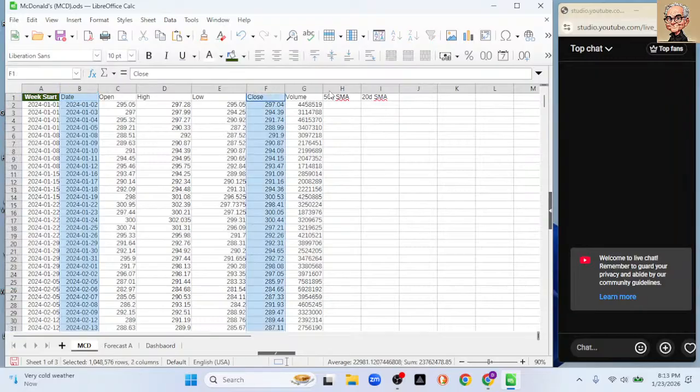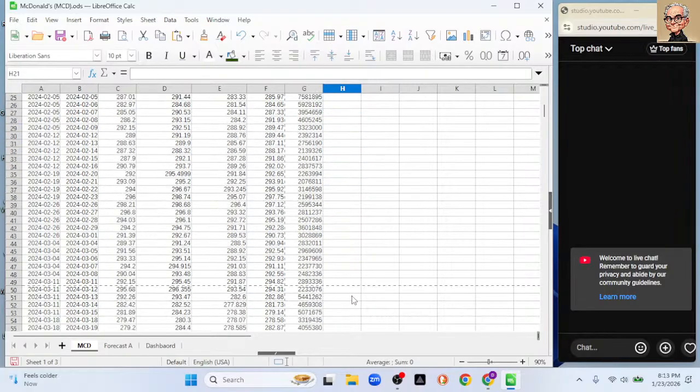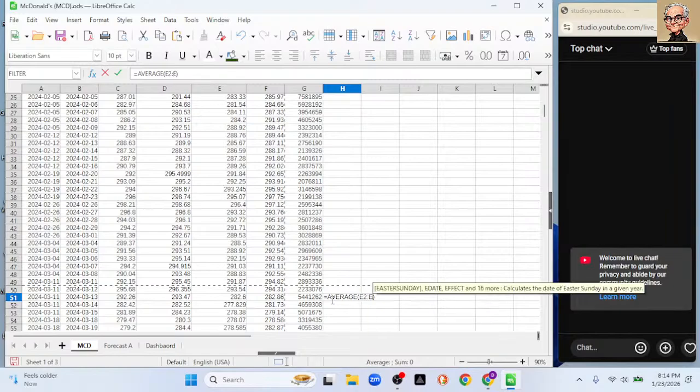The data is coming from, so we're looking for F, right? So let's come down here to 51, equal. So it's going to be E2 to E51.